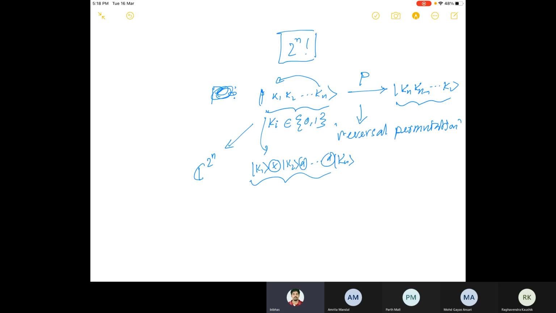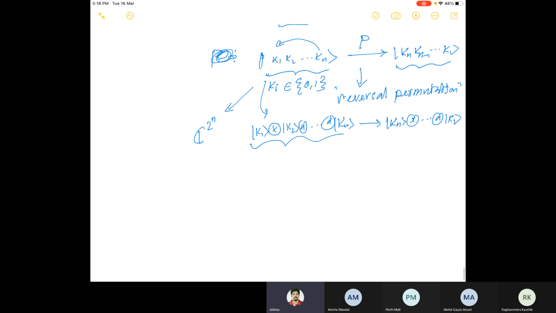So we take all these basis vectors, with ki being 0 or 1, and it should reverse the order of the qubits. So it will be kn tensor ... tensor k1.